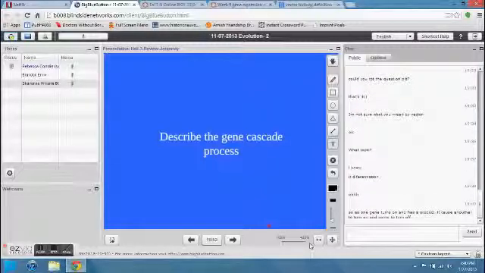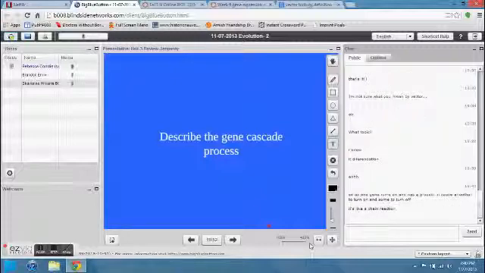Is a gene cascade... Ask that one more time. You cut out, Brandon. Is it with the cloning? Not with cloning, but with everyday gene expression. So, Shivani has.